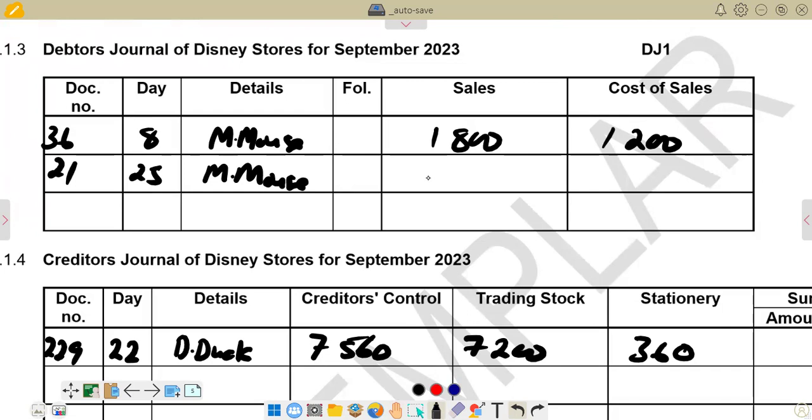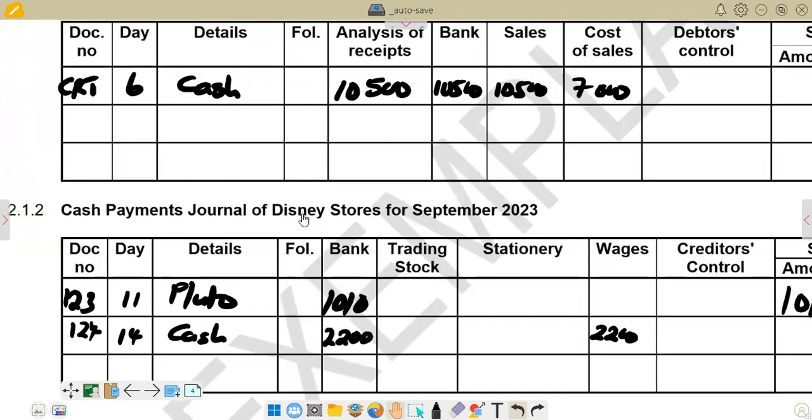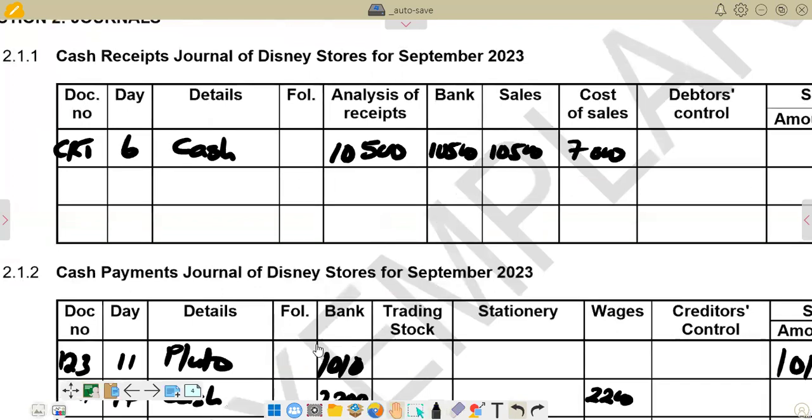Let's try to see. Yes, we've got the debtors ledger. We are not going to enter it under the debtors ledger, it's a mistake. Remember, we said we are receiving cash, so it means we are supposed to go to the cash receipts journal. So if you come here, we go to the cash receipts journal.